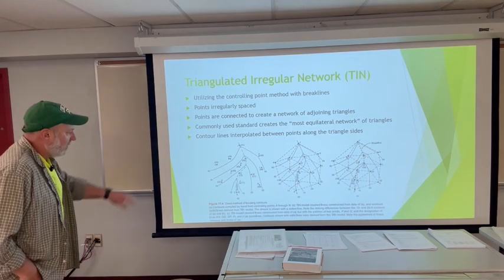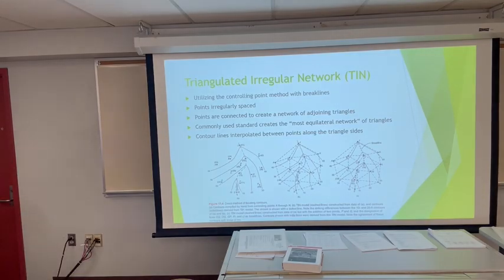Figure A, which is over here on the left. Contours compiled by hand from controlling points A through N. Well, we know this wasn't done in CAD because you couldn't have points A through N. Okay, so B, the middle picture, is the TIN model, which is the dashed lines, constructed from data of A, and the contour lines, which are the solid kind of reddish orangish lines, are derived from the TIN model.